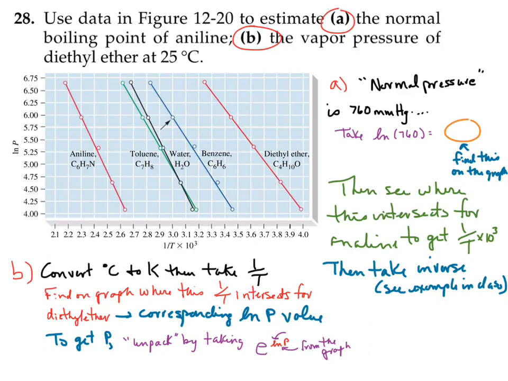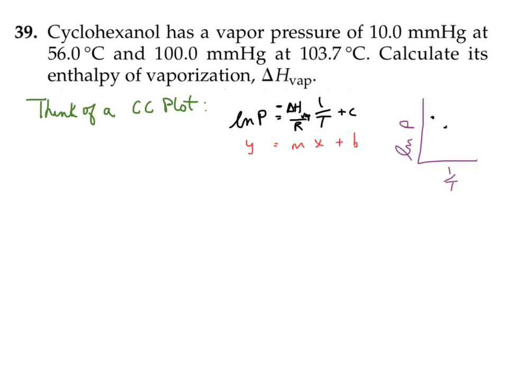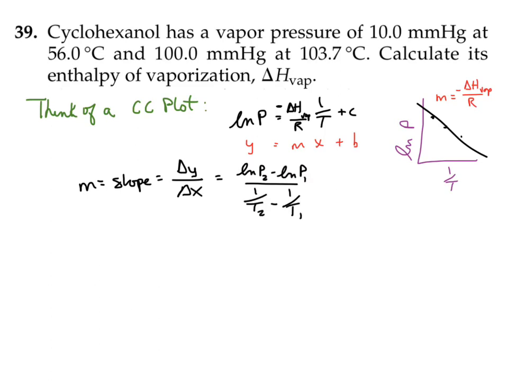The next one looks like this, where we're dealing with a cyclohexanol. And it's the one like we just did. Basically, they give you 2 data points, and this is like what we did here. So you're after the heat of vaporization. It looks icky, but it's really not too bad.